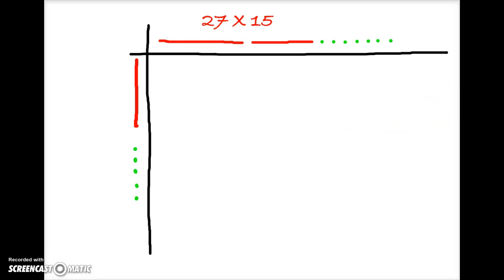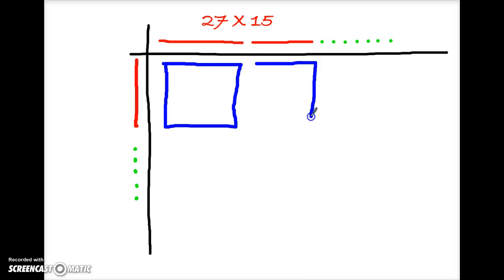And now we're ready to multiply. 10 times 10 is 100, so I'm going to draw a square. 10 times 10 is 100 again. 10 times 1 is 10, so that will be a rod. I need to do this 7 times.